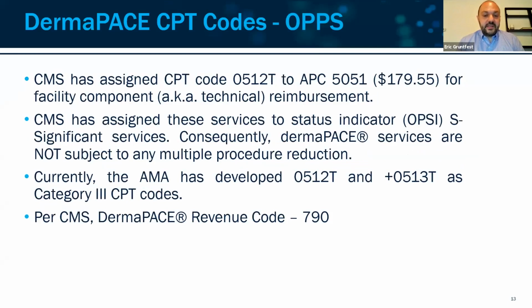That is for the facility component reimbursement. CMS has also assigned a status indicator S for these codes, which means these are not subject to multiple procedure reductions, though they can be billed with other procedures. And these codes are temporary, and per CMS, the dermaPACE revenue code in the hospital outpatient setting should be 790.